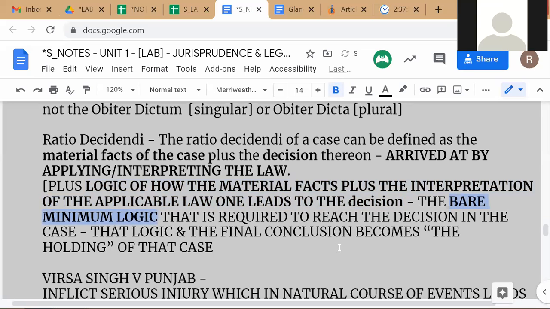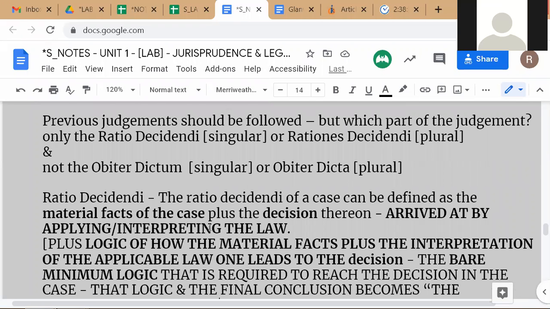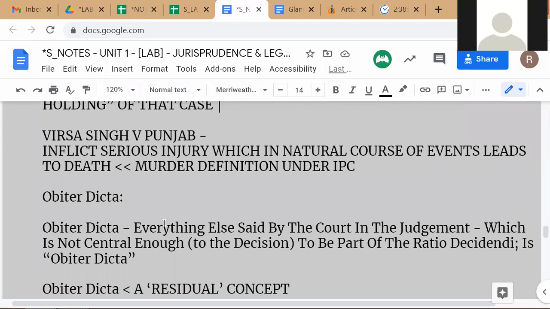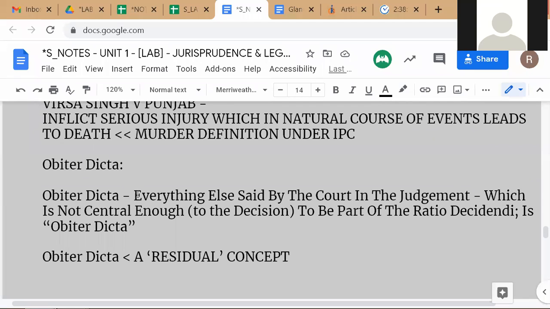So we look at the decision and the applicable law and try to figure out the bare minimum logic that is required to reach the decision, nothing more than that. Anything more than this is not the ratio decidendi; that will become everything else, everything other than the ratio decidendi.